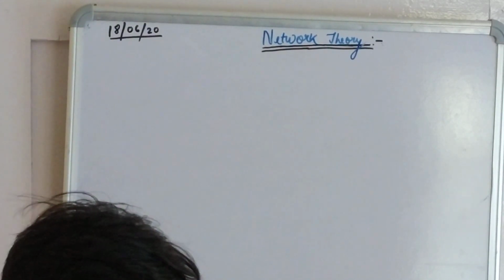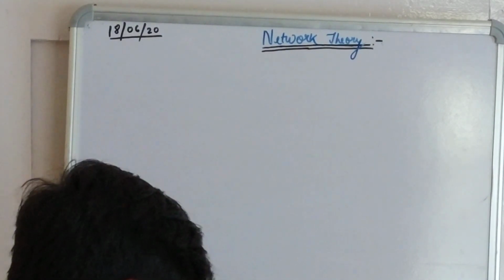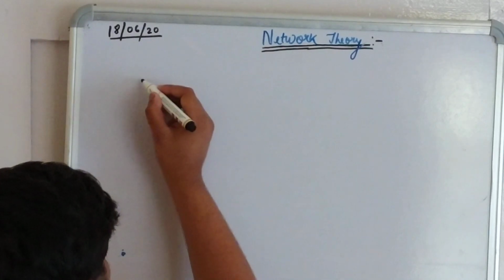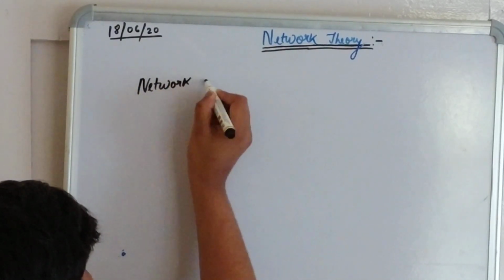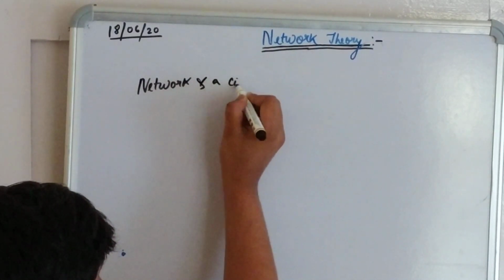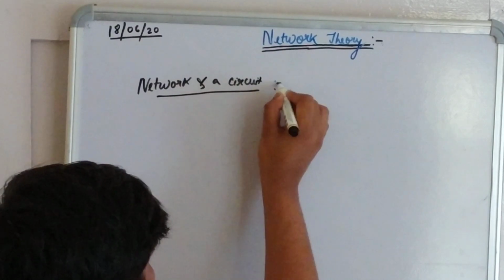Okay, so let's start. First of all, what is a network and a circuit? What is the meaning of these two?